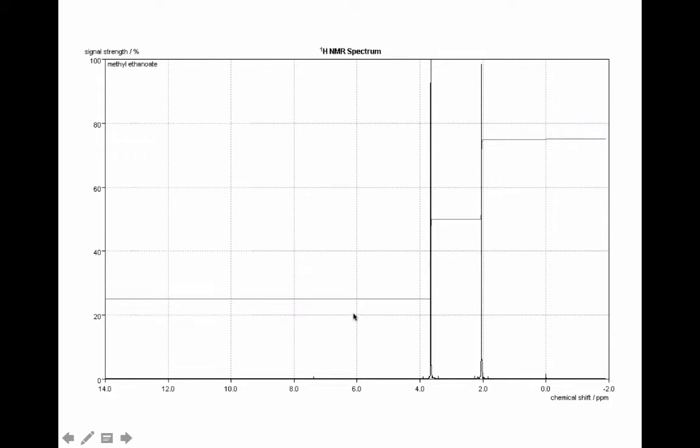All right, so for instance, if we look at this particular NMR, we have these two peaks. Here, the height of this distance, because this is your integral trace line, the height of these two things compared to each other is going to give us the ratio of the hydrogens in each chemical environment.